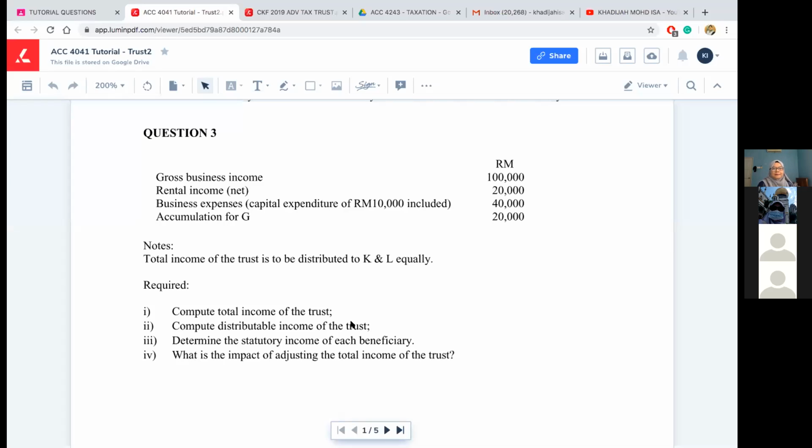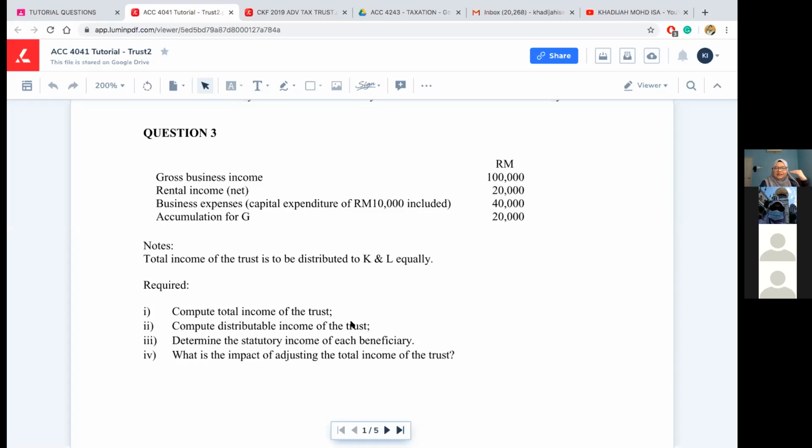And then what is the impact of adjusting the total income of the trust? Okay. So first you have to determine how much is the total income of the trust. To do that, you have to start from section 4A, business income. In this case, you are given gross business income, and then you minus allowable expenses. Business expense total is 40,000, but that 40,000 includes capital expenditure.